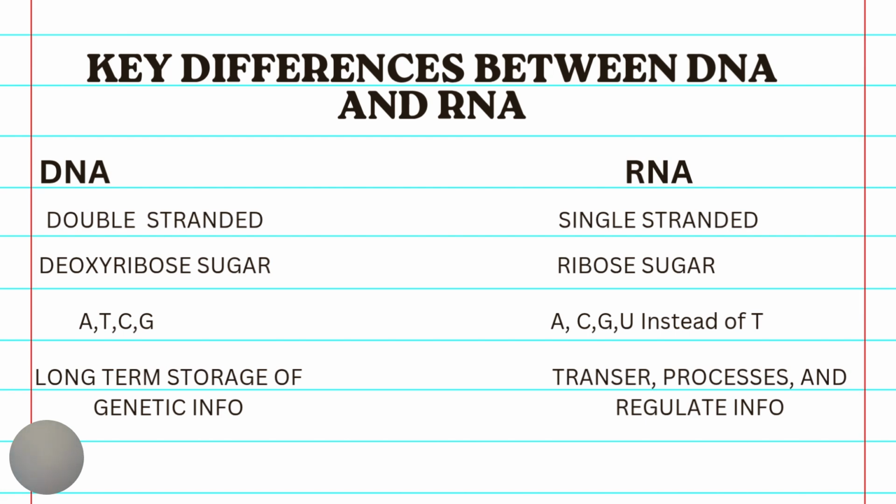And when you look at the nitrogenous bases, DNA has thymine, whereas RNA has uracil instead of thymine. DNA is for long-term storage of genetic information, and RNA is for transferring, processing, and regulating that information into forming a protein.